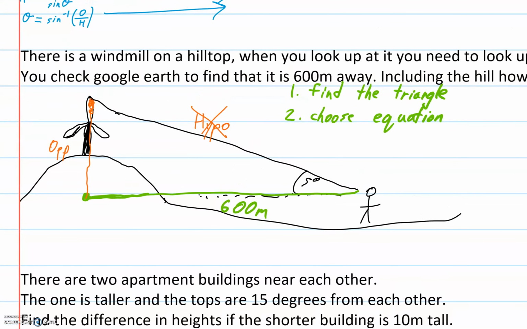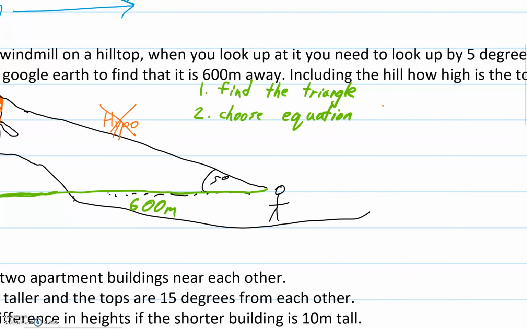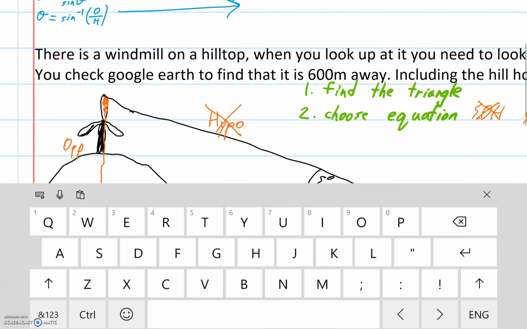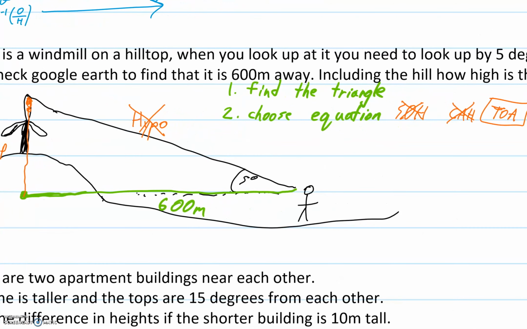So which of the three equations does not use that? Well, let's look here. SOH CAH TOA: we do not care about the hypotenuse. This one has an H, this one has an H, so we're left with TOA. You'll find that that happens a lot with these sorts of problems. So we know we want to use TOA.